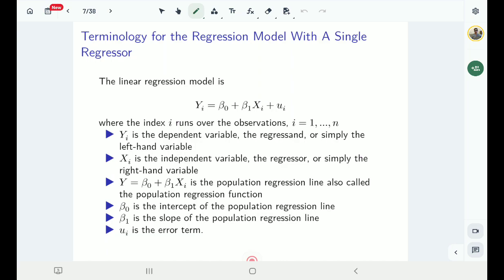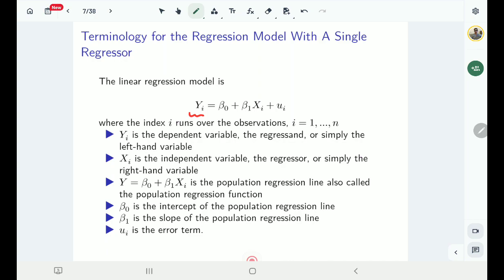And in further classes, we're going to talk about multivariate regression model, or multiple linear regression model, where we have one variable explained by several other variables. The variable that we want to explain is usually put on the left side of the equation.